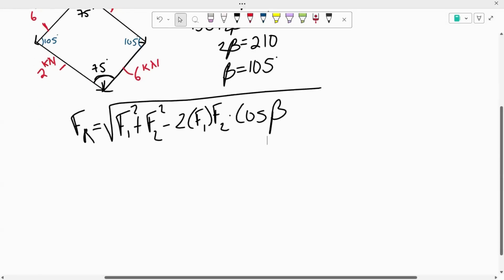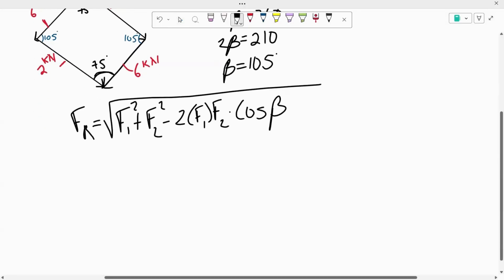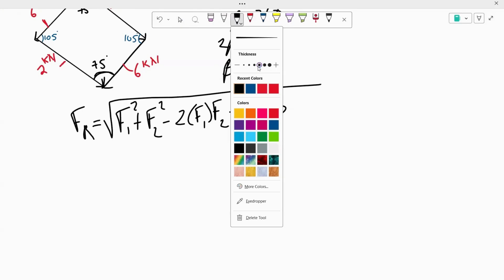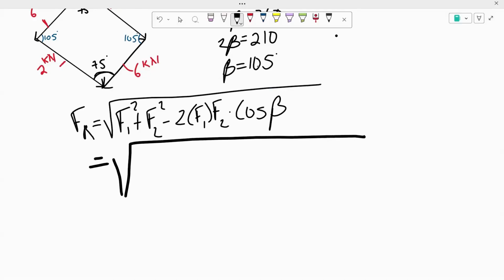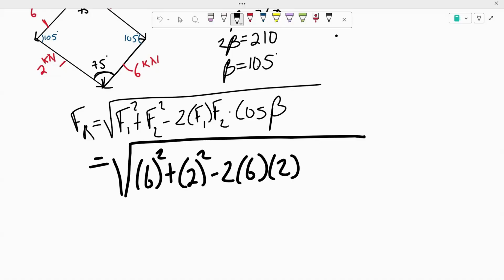All we're going to do is plug that into the equation. So F_1, we're going to take that to be 6 kilonewtons squared, plus F_2 is the 2 kilonewtons squared, minus 2 times 6 times 2 times cosine.